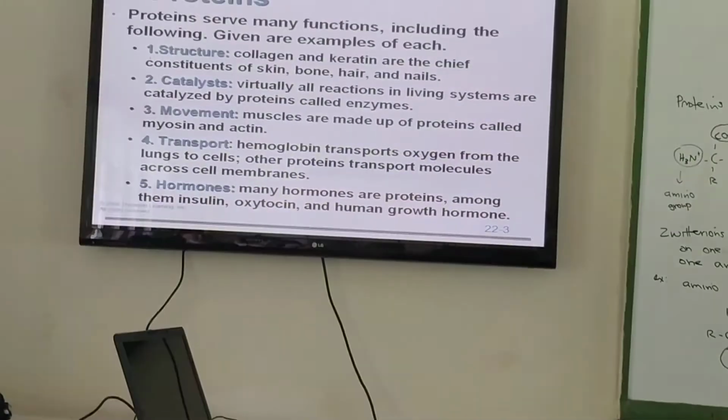Now another, it serves as catalysts. When we say catalyst, what does it mean? Virtually all reactions in living systems are catalyzed by proteins called enzymes. So they are molecules that speed up the reactions, and we term that as catalysts.